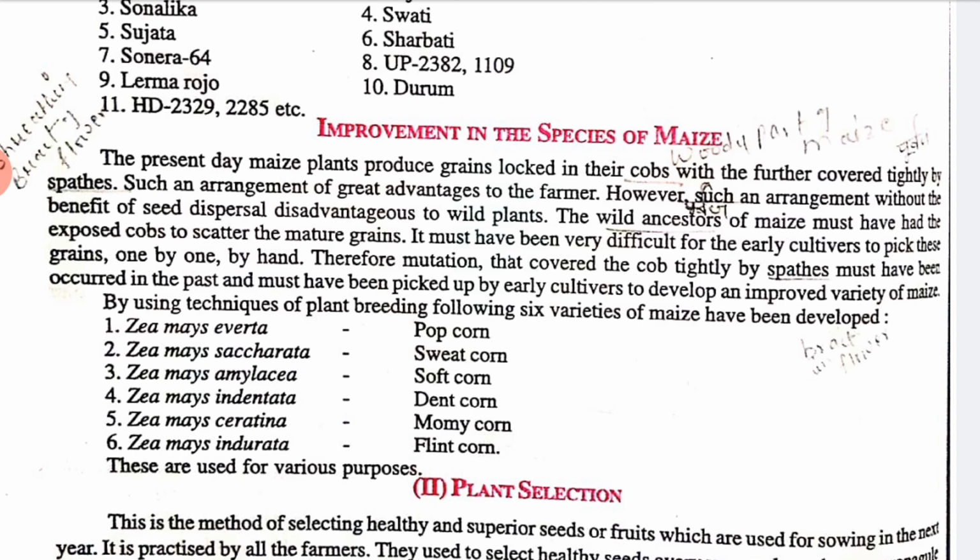It must have been very difficult for early cultivators to pick these grains one by one by hand. Therefore, mutations that cover the cob tightly by spathes, the bracts of the flower, must have occurred in the past and must have been picked up by early cultivators to develop improved varieties of maize. So here are the names of improved varieties in maize.